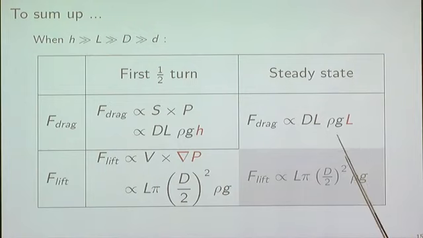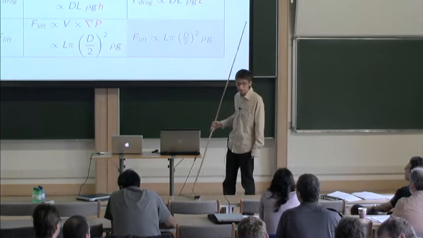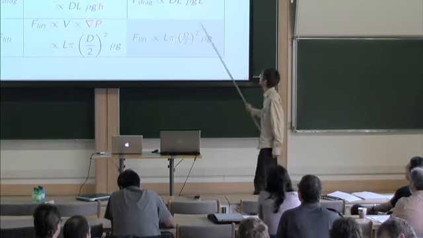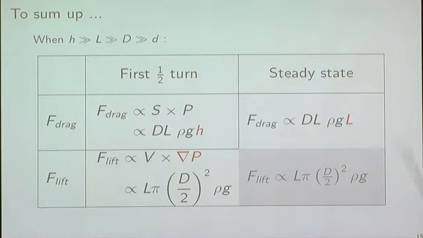On the steady state, when we keep rotating, the drag itself becomes independent of the depth and depends only on the length of the cylinder. I haven't talked about the lift force on the steady state. Actually, the scalings are quite the same as in the first half rotation.